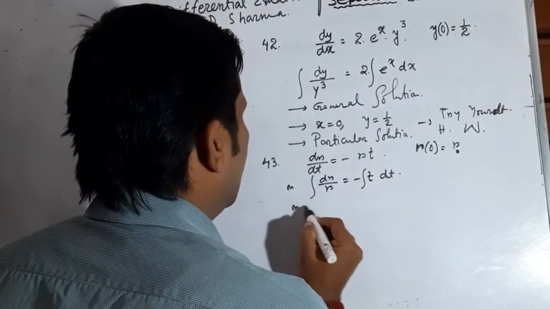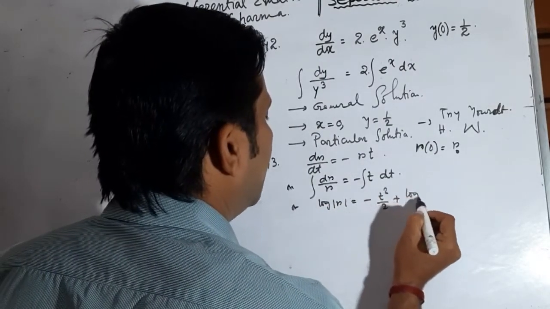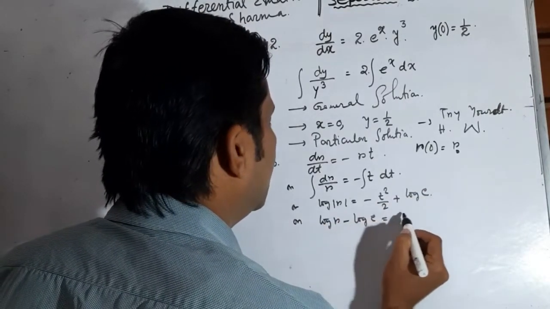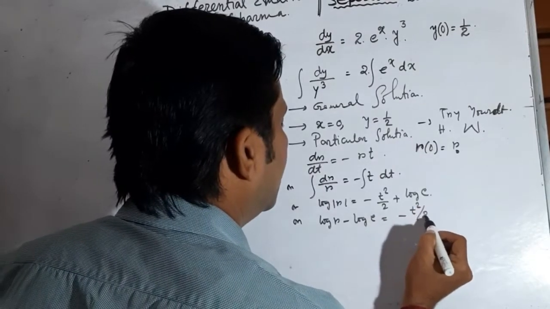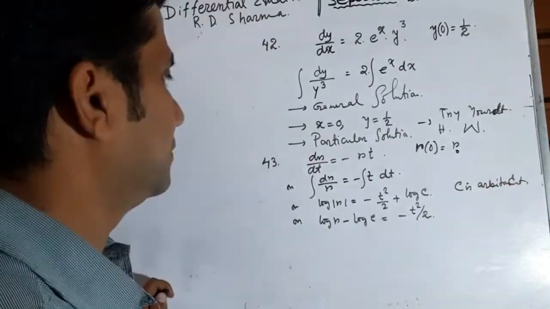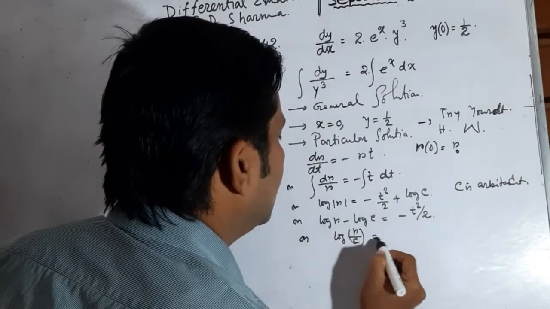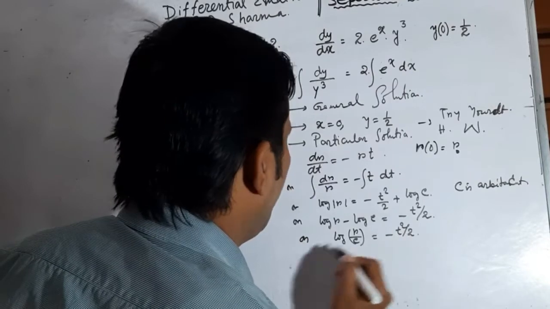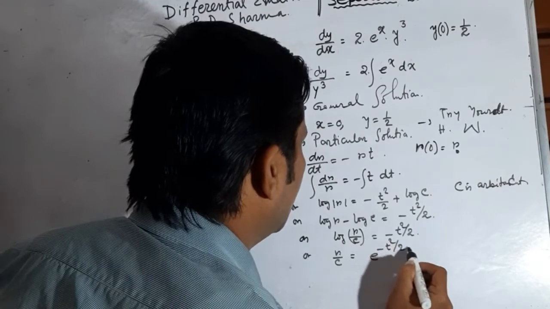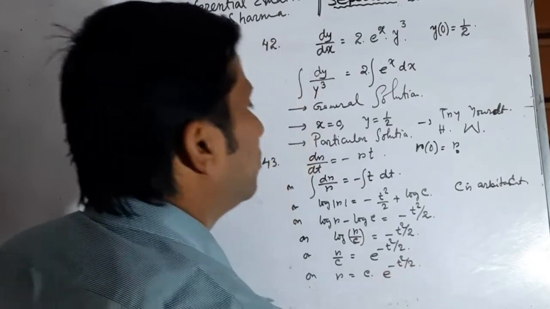Integrating, log r is equal to minus t square by 2 plus log c, where c is an arbitrary constant, or log r by c is equal to minus t square by 2, or r by c is equal to e to the power minus t square by 2, or r is equal to c e to the power minus t square by 2.